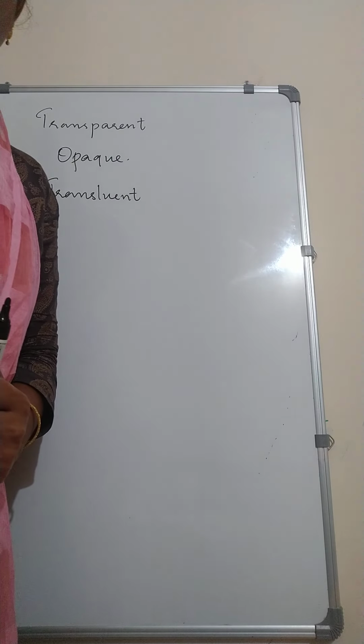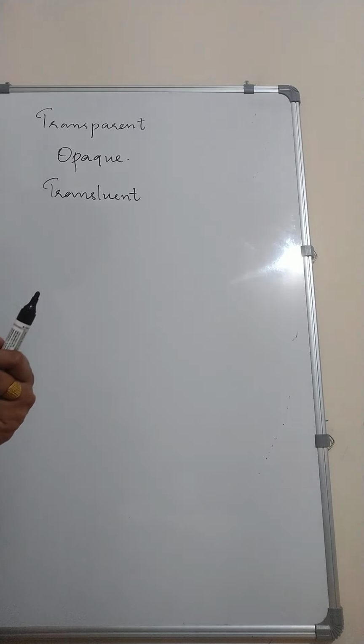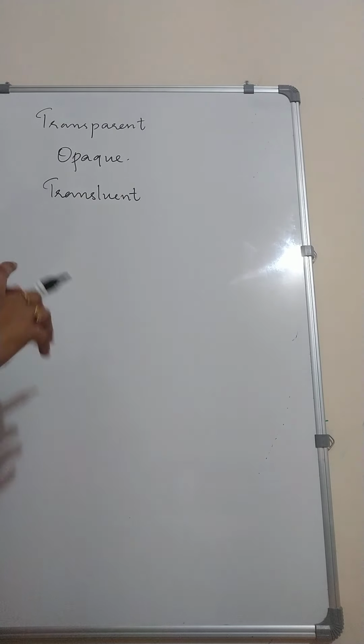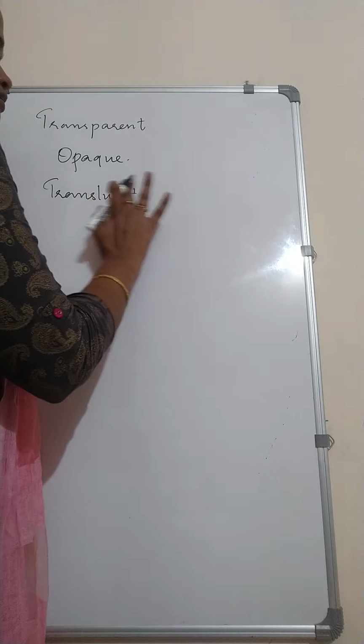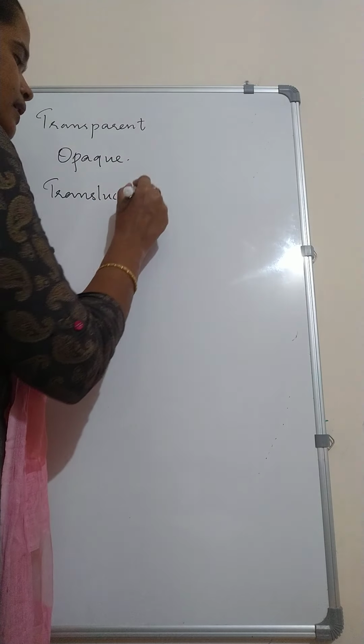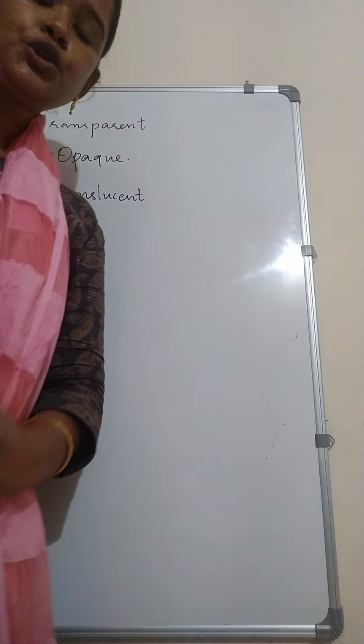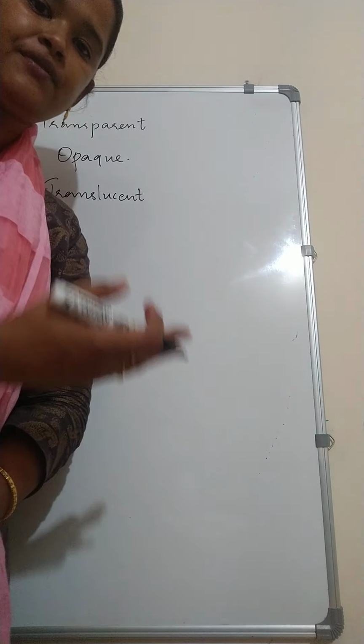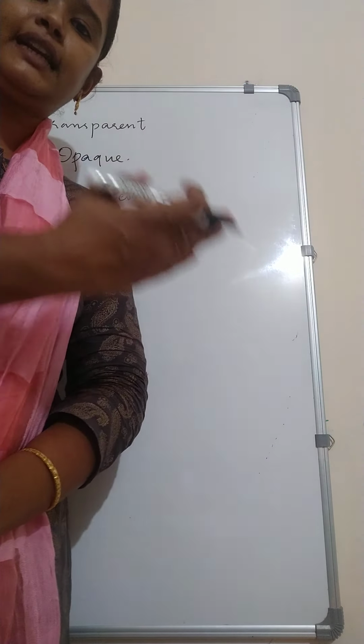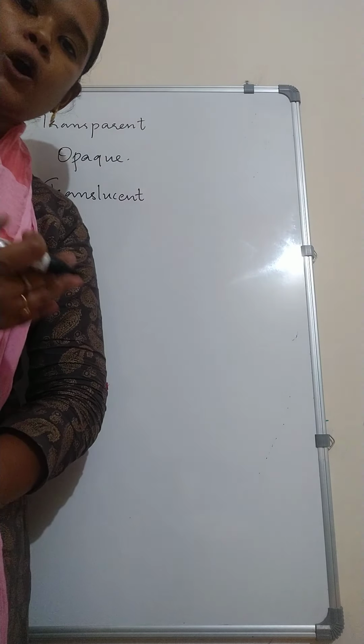Transparent material, opaque material, translucent material. So, what is meant by transparent? First we are going to check what is meant by transparent and what is meant by an opaque object.